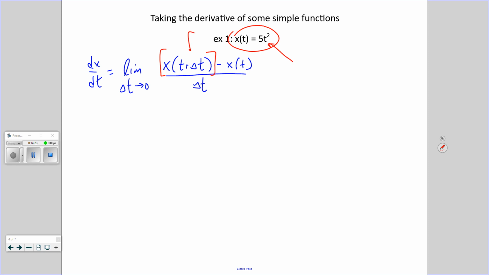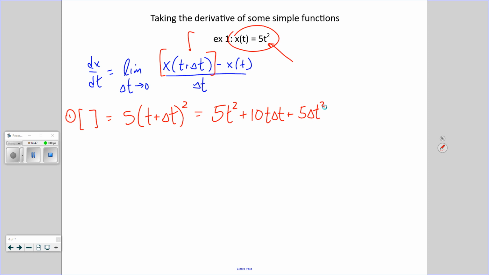So this first part, call that 1, gives us 5 times (t plus delta t) squared. I will FOIL and distribute at the same time. That's 5t squared plus 10 t delta t plus 5 delta t squared. Let's do this part. Well, that part's easy. Call that 2.